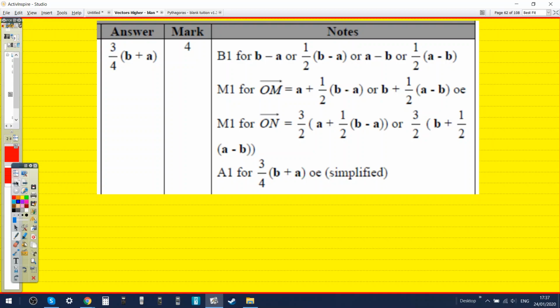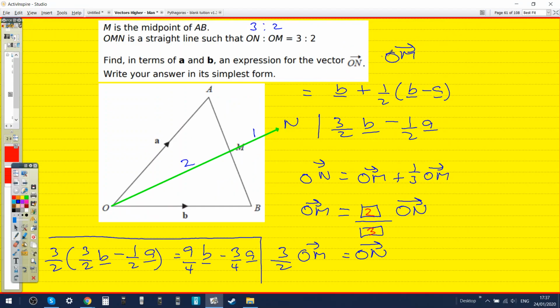It's going wrong somewhere. Let me take another look at this. Did we add this up wrong or something? O to M is B plus. So M is the midpoint. O to M is B plus 1/2 of minus B plus A. That's minus B plus A. Other way around.